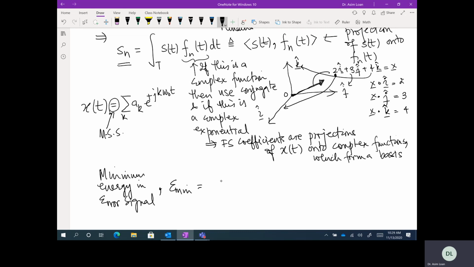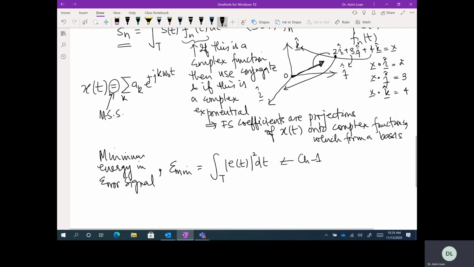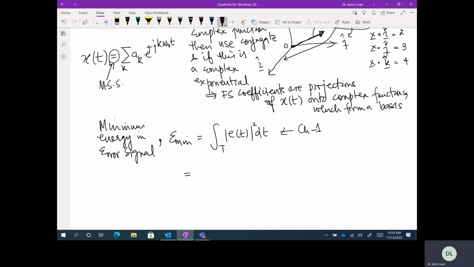E min is simply equal to the integral of the absolute square of e of t dt, from chapter 1. This should be e of t times e conjugate of t, or equal to e of t times s of t dt.